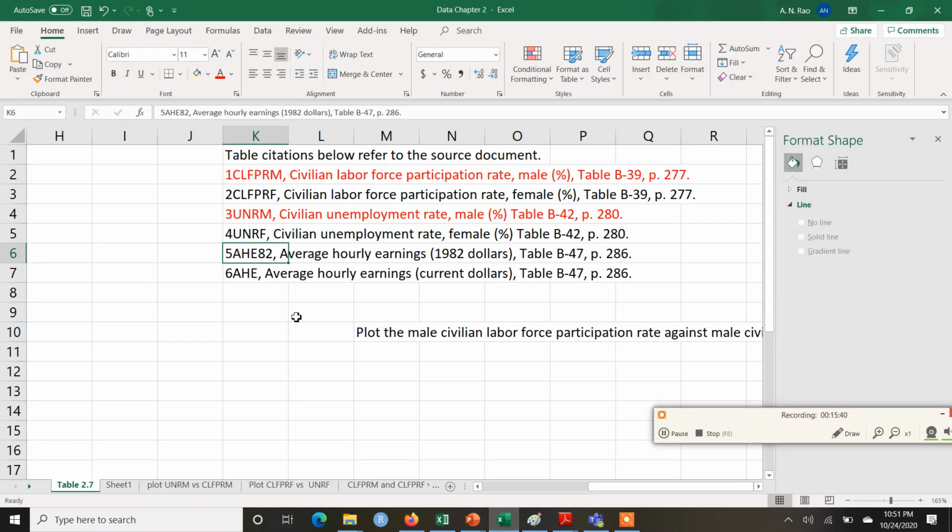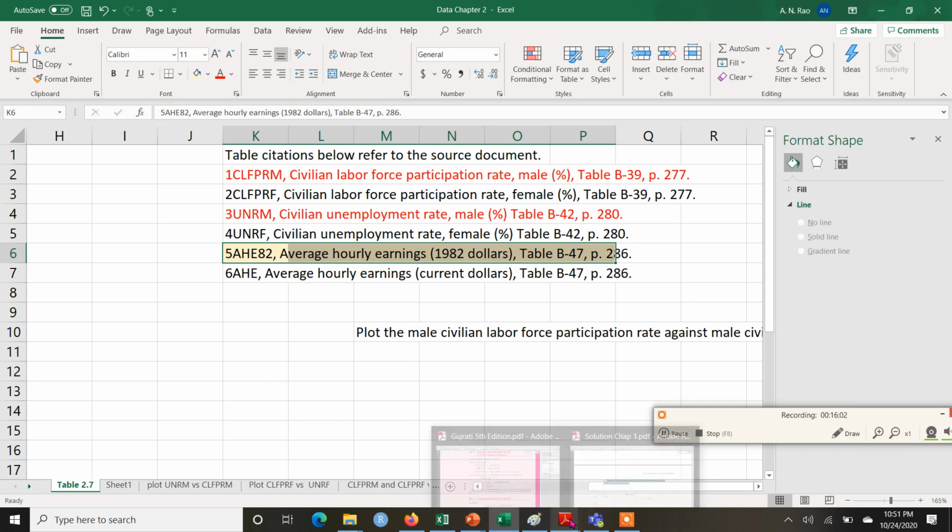So coming back, we have to plot against this AHE82. Okay, so we have to plot the male labor force participation rate and the female labor force participation rate against the hourly wages. So coming back to the display.